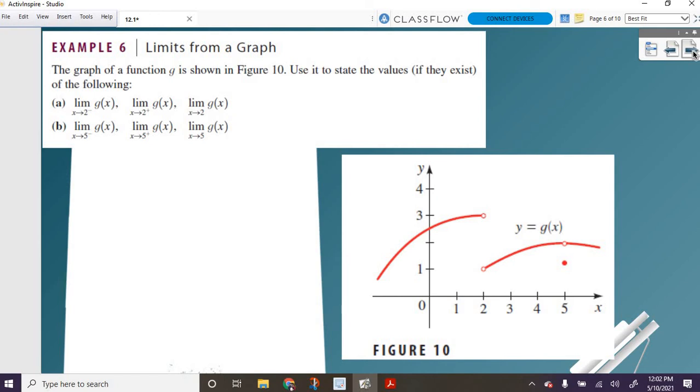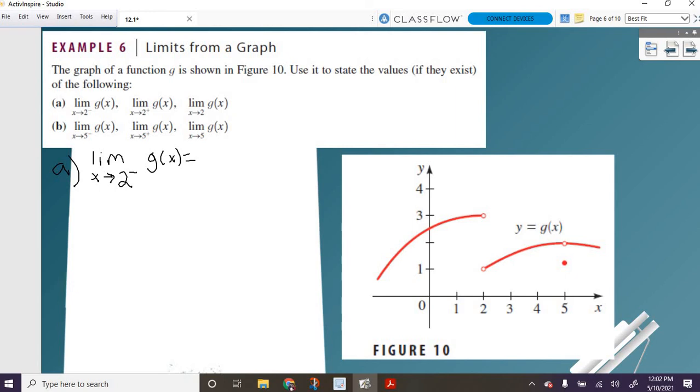Alright. So on part A, it asks us to find the limit as x approaches 2 from the left-hand side first. And it means, when I say from the left, I'm going to my x value of 2, and I want to look at the stuff that's on the left.